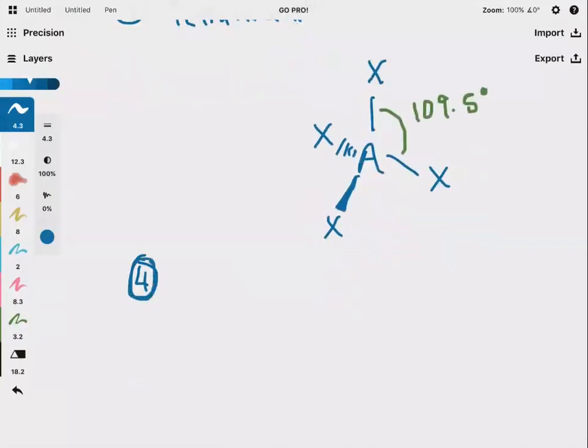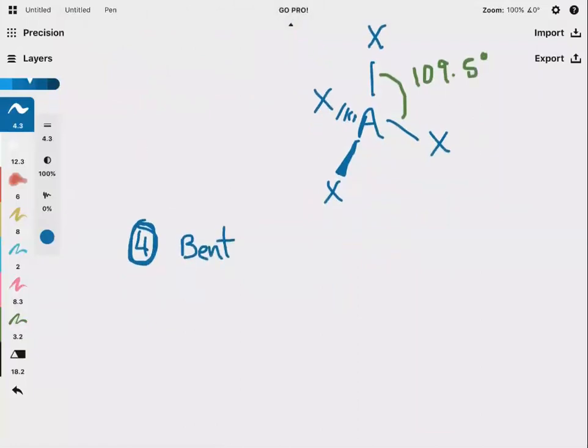The fourth geometry we should know is called bent. A bent geometry is like a linear geometry, but the two atoms off of the central atom are pointed down. They're bending towards one another. And the reason for that is because our central atom has a lone pair of electrons, or a couple of lone pairs of electrons that are unbonded.